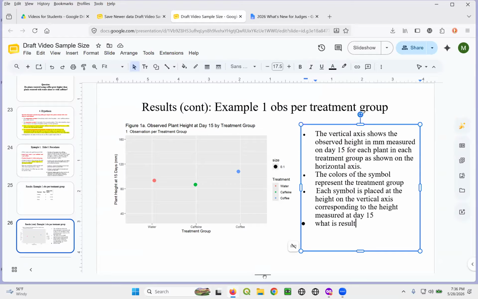But my point is that this slide here is essentially the results slide from a fake slide deck. Yes, okay. That happened to use one observation per treatment group, and these are the heights of the bean plants.